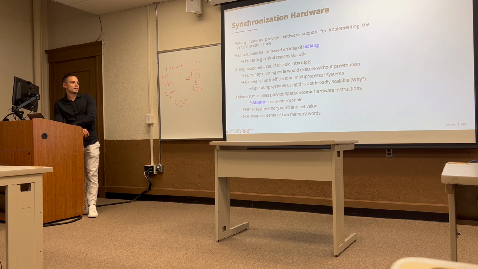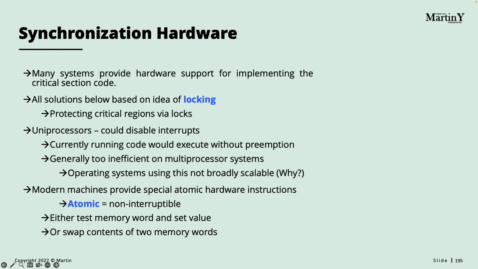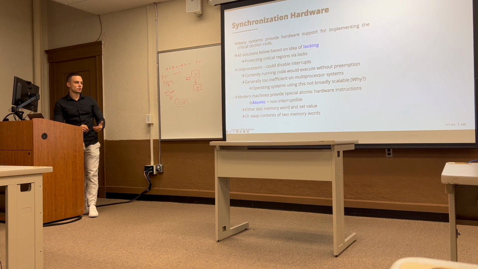So when we work with many processes, we want to add some hardware instructions into our operating system that are able to schedule those processes, and those can be atomic, which means non-interruptible.